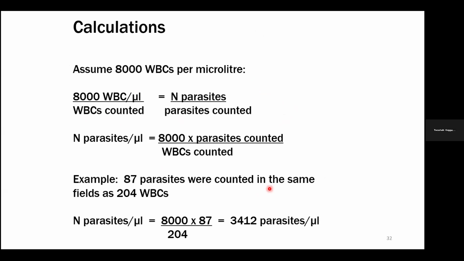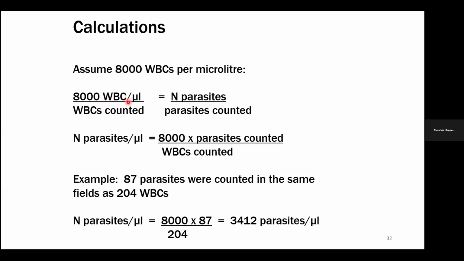Now we calculate, not count. We said we assume that the average WBC total count is 8,000 in an adult person. Even in children, we put that as the absolute count.